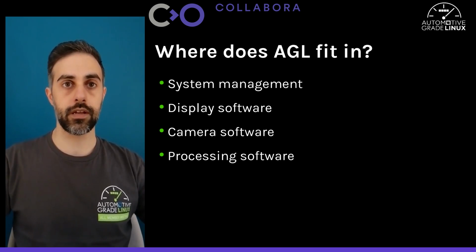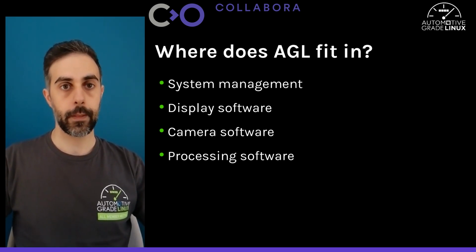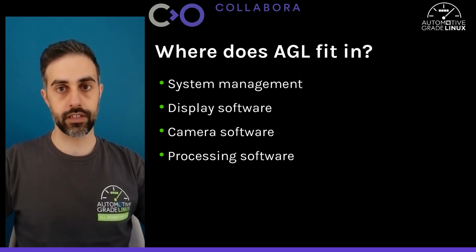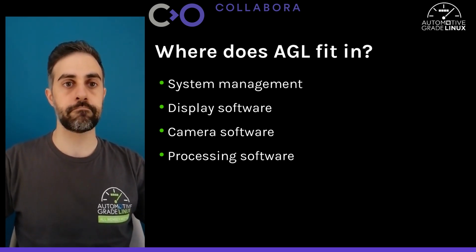So one of the things that it may implement is some central system management node. It may implement the entertainment system. It may implement software that runs on dedicated displays like the rear view mirror or the rear seat displays.